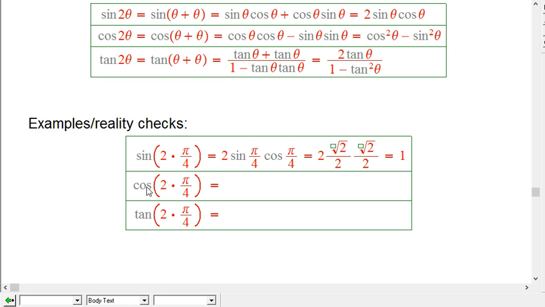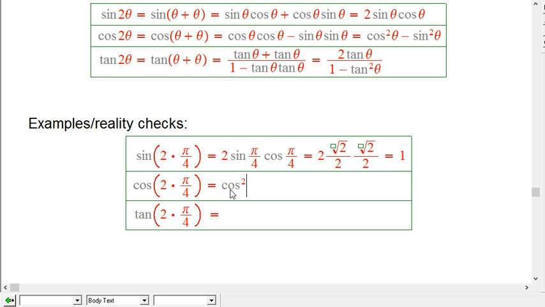Now what about the cosine? Cosine of 2 times pi over 4. Let's do it in the opposite order now. 2 times pi over 4 is pi over 2. Cosine of pi over 2, think about it, it's 0. So there's got to be some sort of cancellation. If I'm taking cosine pi over 4 and sine pi over 4, and they're going to give me 0, there's got to be a cancellation somewhere. And that's what this minus sign is going to do for us.